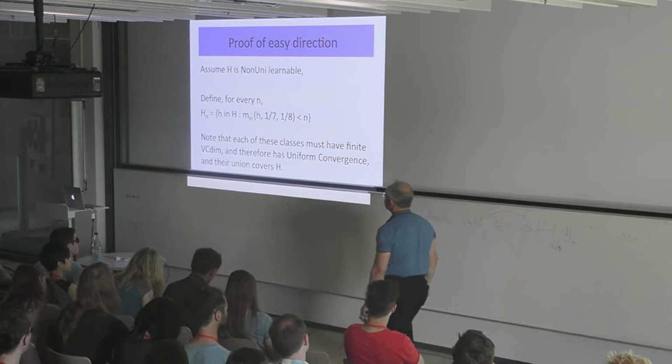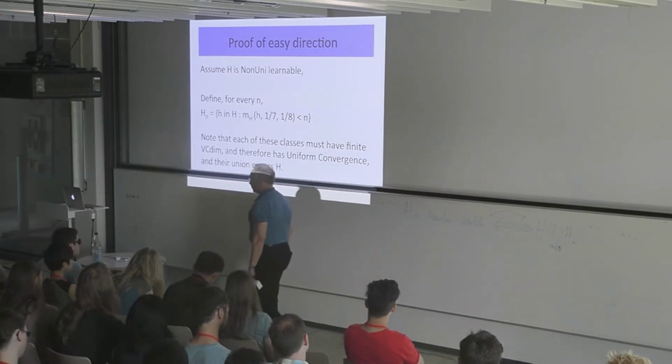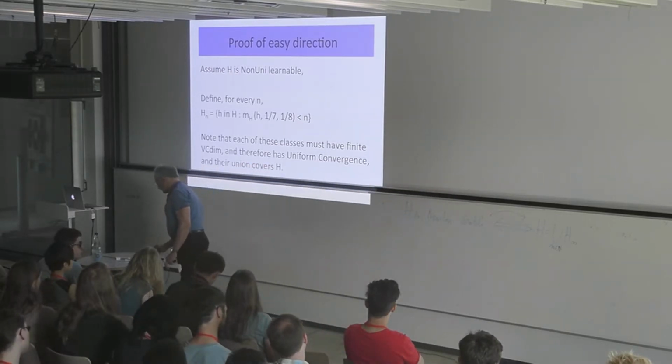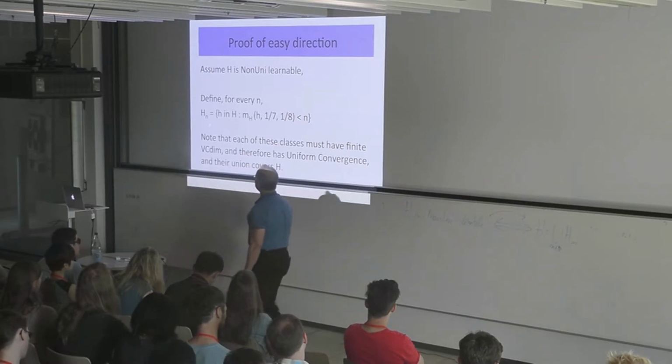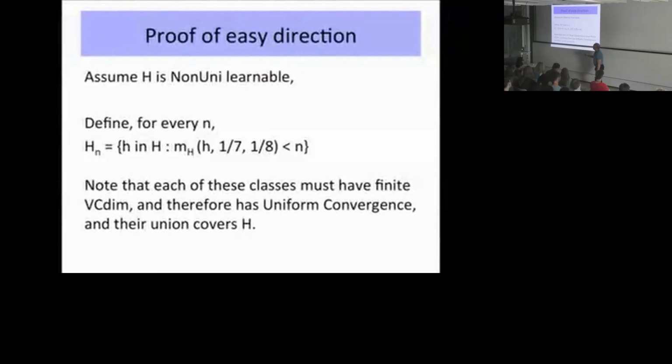So I will define a class H_n. I will define the class H_n to be all those h's such that, when we put in those magical epsilon and delta that we have from the no-free-lunch theorem, I need at most n examples.